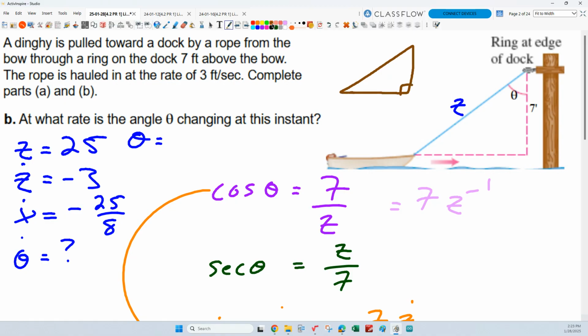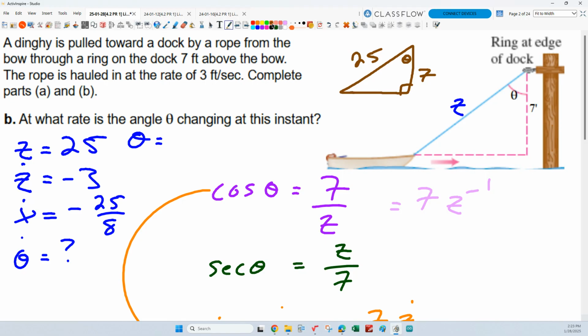So there's my snapshot of the triangle, right? This is theta. That side is 7. What's z? 25. So what's the bottom equal to? We did this math actually already. It'd be square root of 25 squared minus 7 squared, right? What was that? 625 minus 49? It was 576.